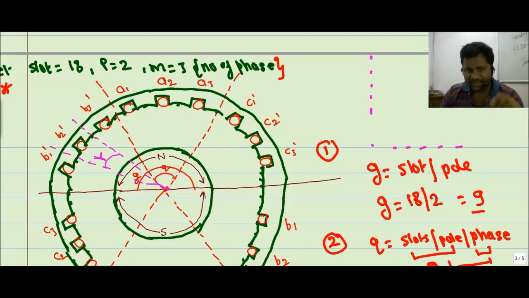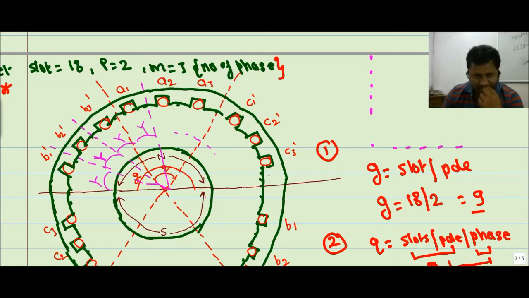The angular span between consecutive slots is called the slot pitch. This is also a slot pitch, similarly this is also a slot pitch, and so on. So the angular span covered by each slot is called the slot pitch. Gamma, gamma, gamma, gamma. There are 9 gammas.